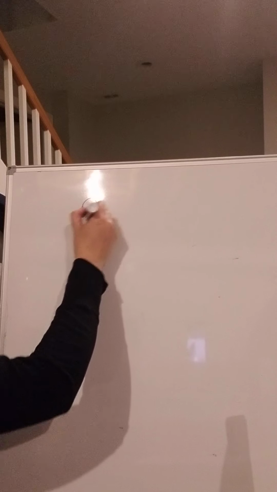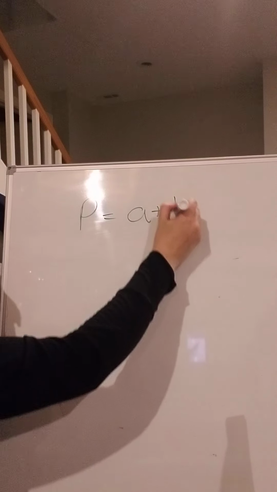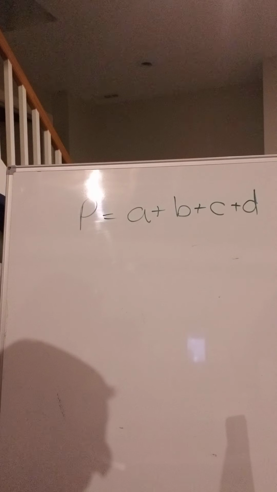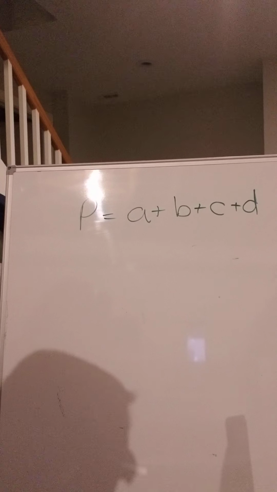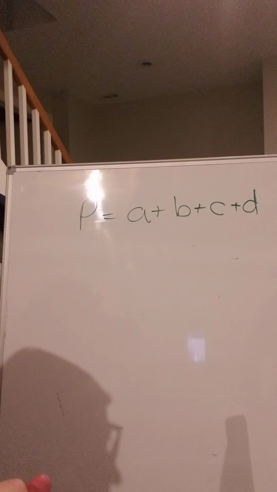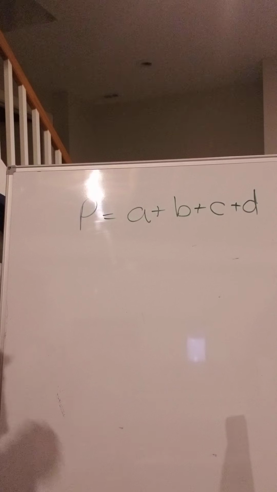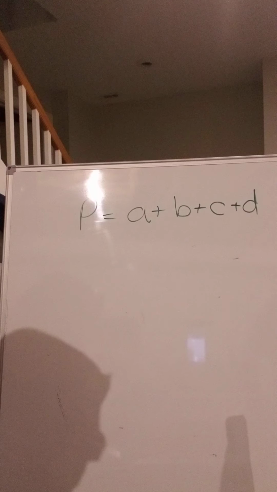So there's 4 sides. So P equals A plus B plus C plus D. If we were doing it all together, you would find out that 2 of the sides are 2.5 centimeters, 1 is 5, and 1 is 1 centimeter. So if you added all those together, the perimeter for that would be 11 centimeters, okay?